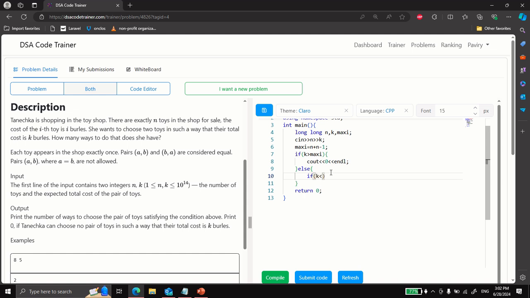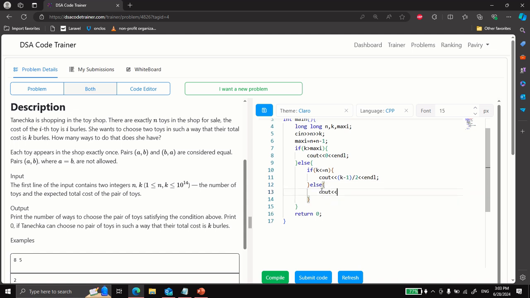If my k is lower or equal than my n, we are only going to print (k minus 1) split by 2, as we saw in the example. And otherwise, it's going to be (n minus (k minus n plus 1)) split by 2.